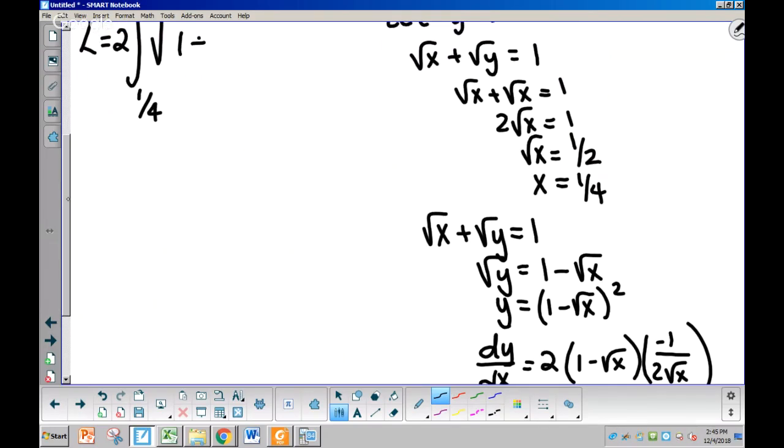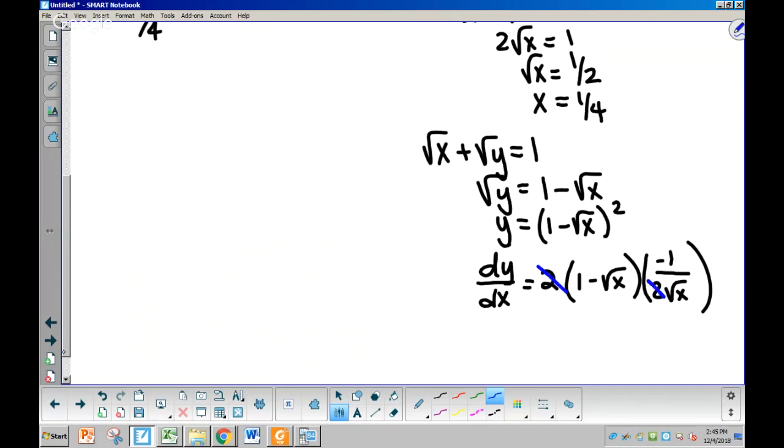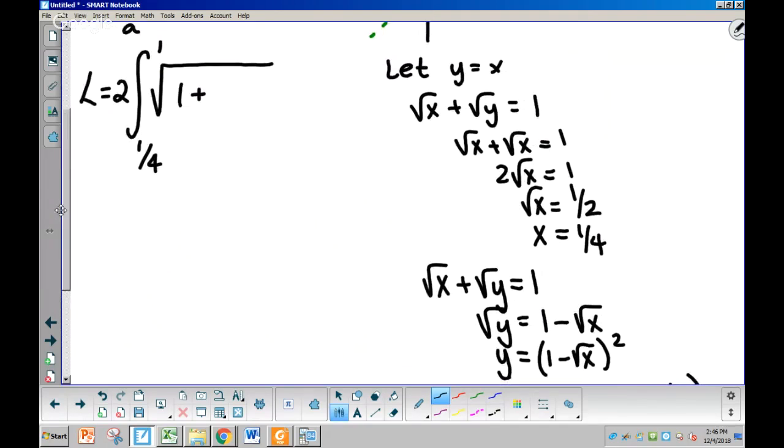So this is 1 plus, now what happens when I square, these 2's cancel, yes, if I could simplify it a little bit. And I'm left with 1 minus root x over root x, and I'm going to put a negative out here. What happens when I square it? Does the negative go away? Yes. So this is going to be 1 minus root x over root x squared dx.